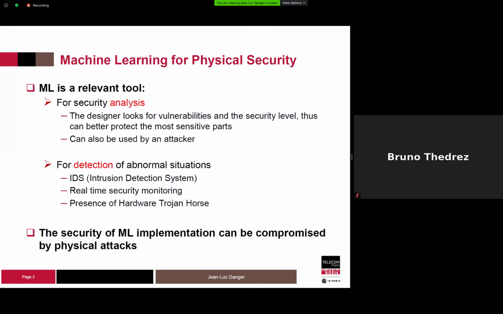So what is the position of machine learning to enhance the security of embedded systems, and notably against physical attacks? We can say first that machine learning is a very relevant tool for security analysis. The final goal of the researcher and the designer of embedded systems is to provide a very robust system with a lot of protections.